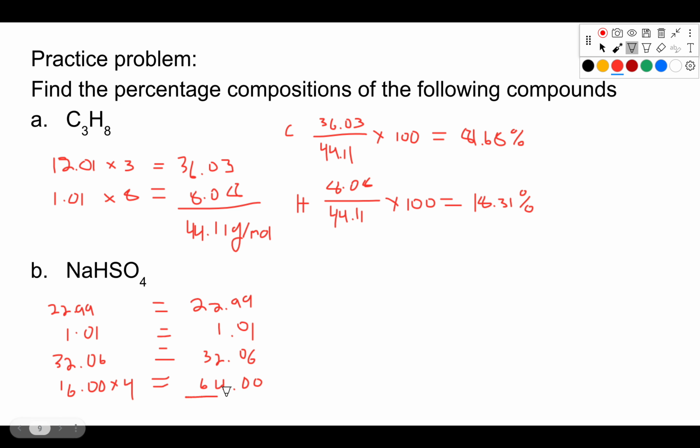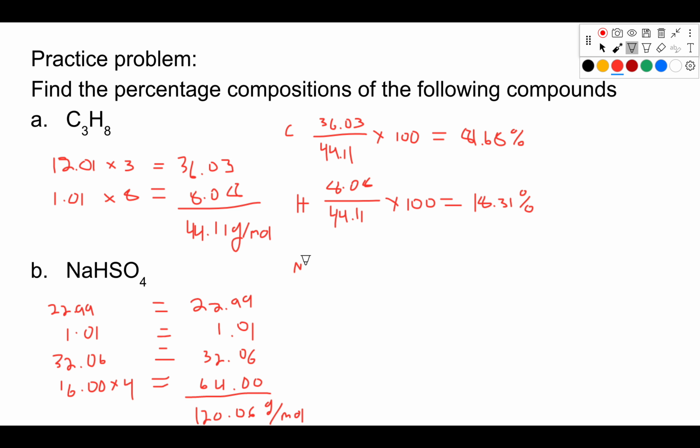So then when we sum all of these up, we're going to come out with about 120.06 grams per mole, which is the molar mass for NaHSO4. And now we can just repeat the process from above, where we take each element.